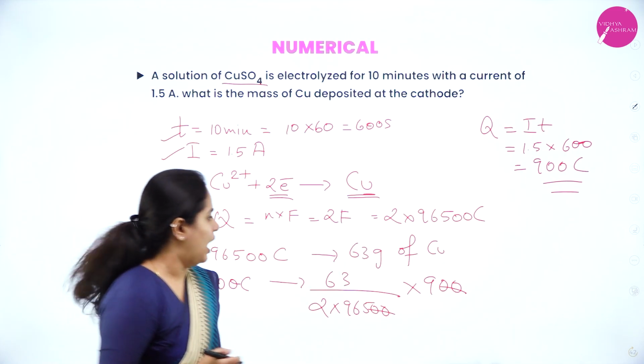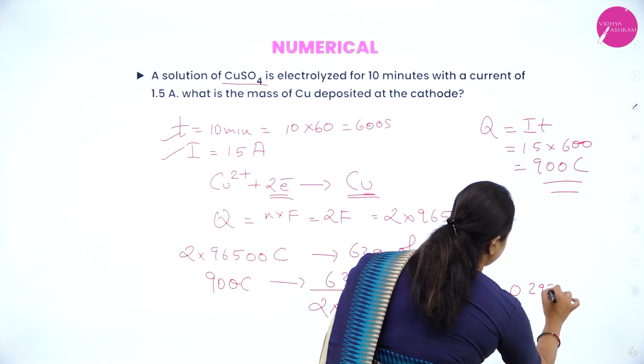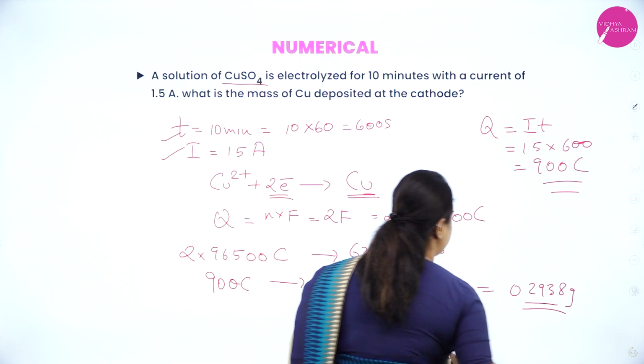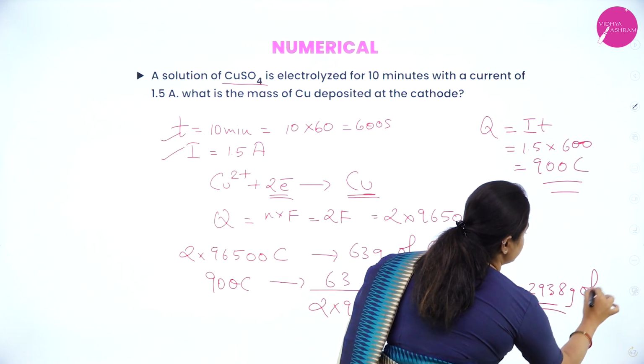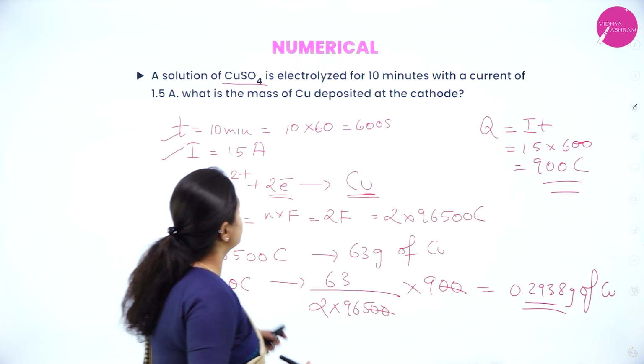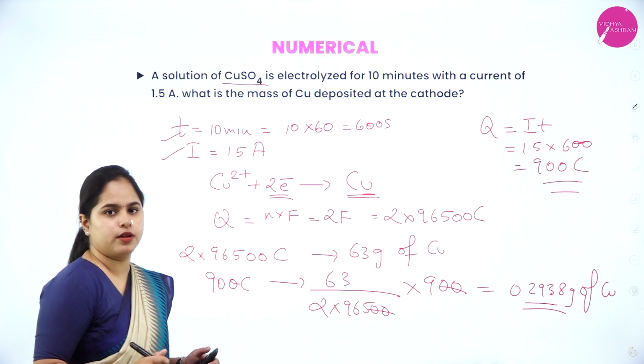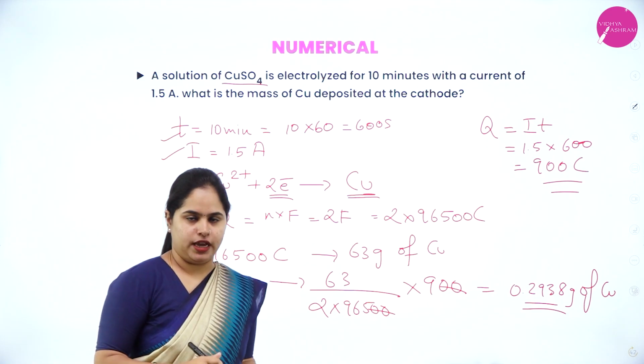So the final answer will be 0.2938 grams of copper. So we got the answer. The question was to find how much mass of copper will be deposited, and that is what we have calculated now.